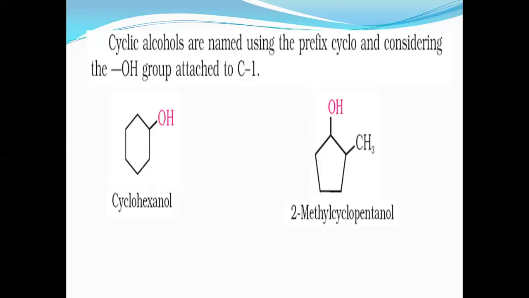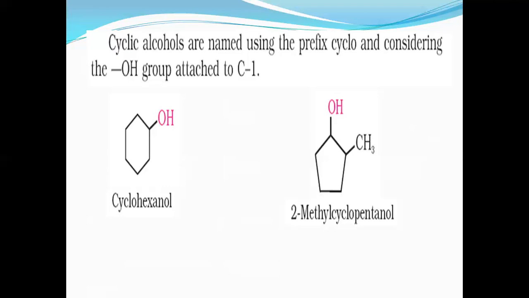If the compound is polyhydric, containing two or more OH groups, then you should not remove the e of the alkane. You have to retain it as such, give the positions of the carbon atoms containing the OH groups, add the prefixes for the number of OH groups, whether 2, 3, etc., and add ol.